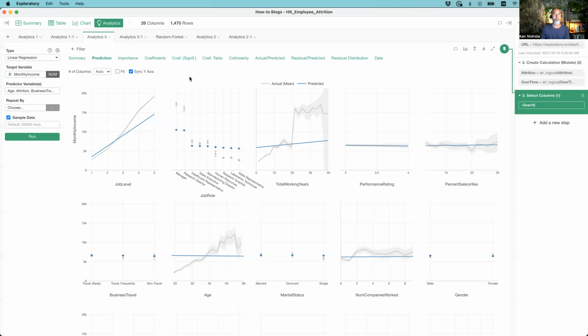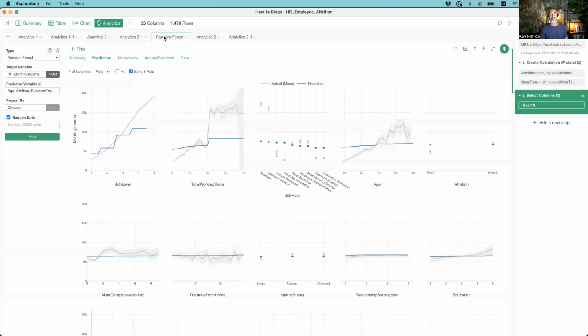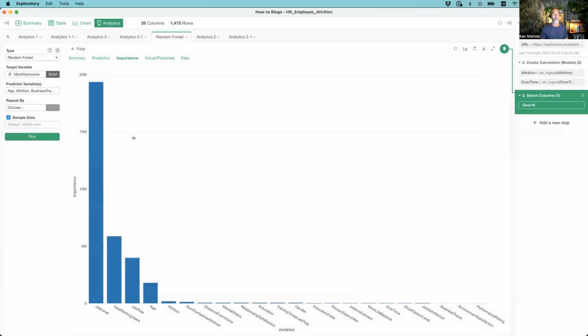Okay. And the other thing here is the importance, going back to which variables are more important. In this case, we saw job level and job role, those two, as significantly important variables. When we go to the random forest here, and I go to the importance, job level is the same, both in linear regression and random forest.